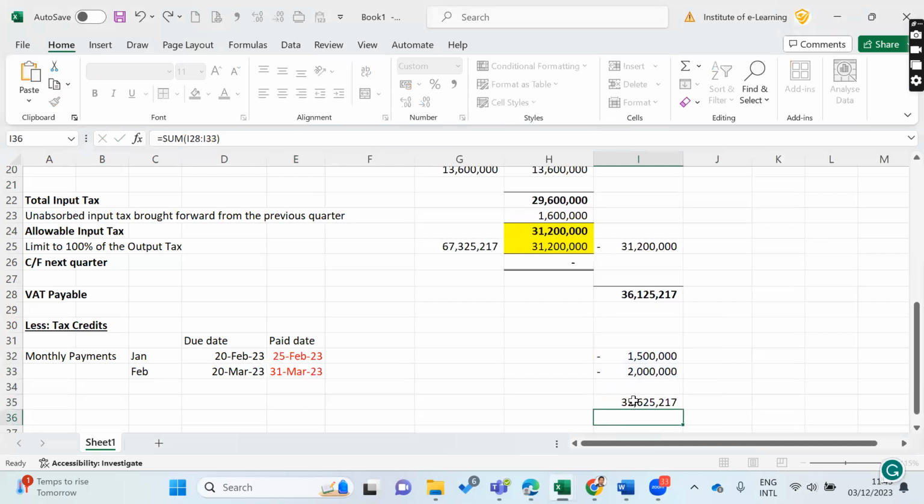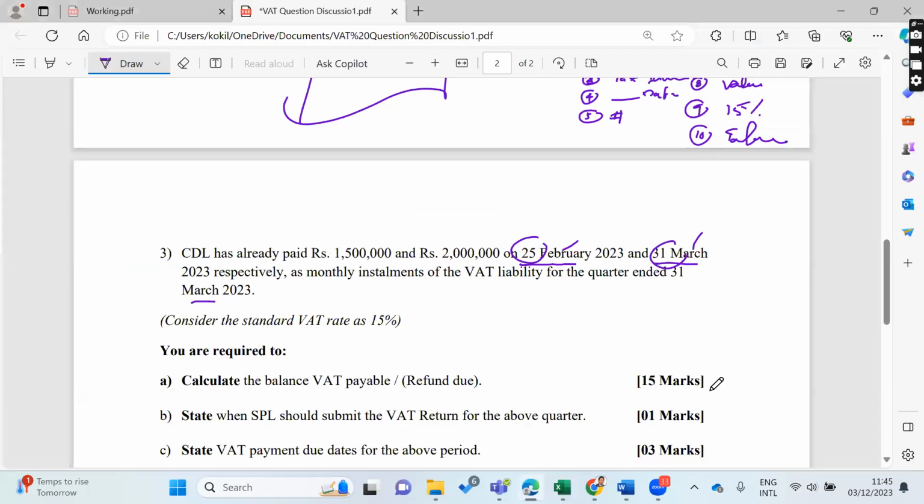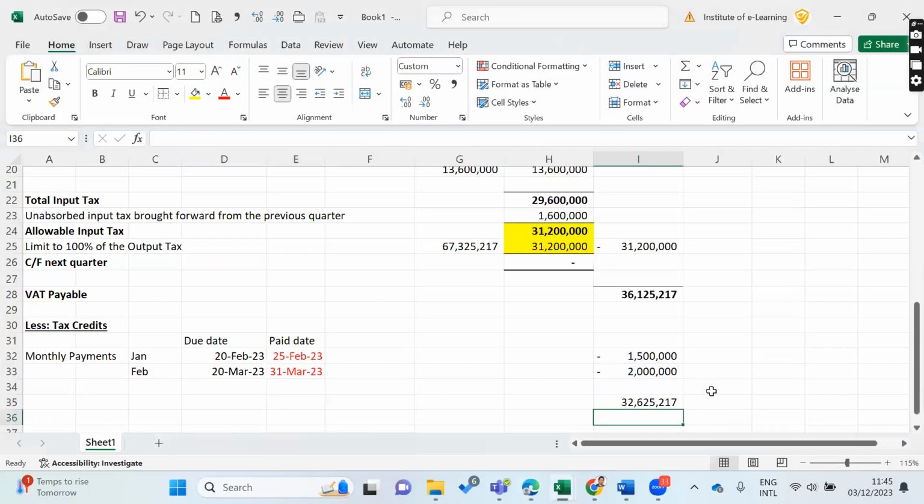After taking those, you can come up with the balance payable. After that, we don't have anything else. The balance payable or refund due would be this much.